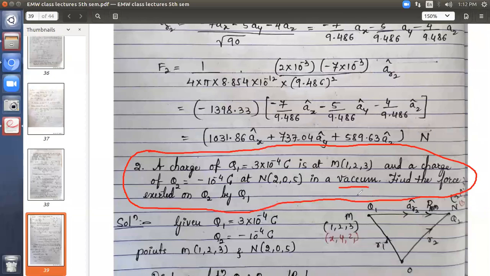So the relative permittivity epsilon R is equal to 1. Find the force exerted on Q2 by Q1. Here there is no need to go for F1 and F2. Only calculate F2.